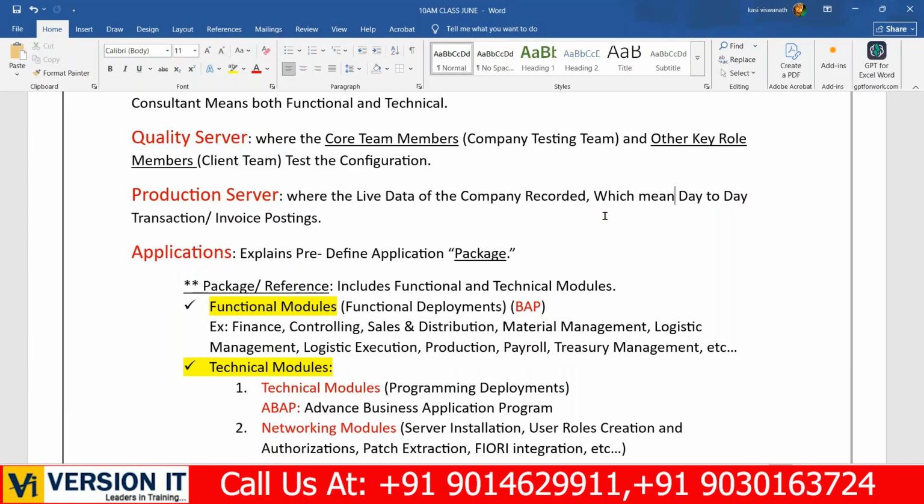Combination of functional and technical modules. Package is a combination of functional and technical modules. Right?